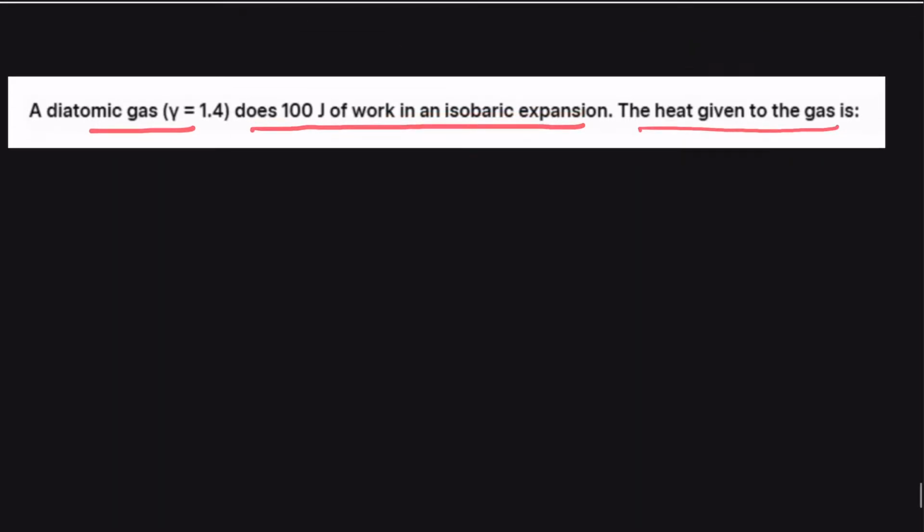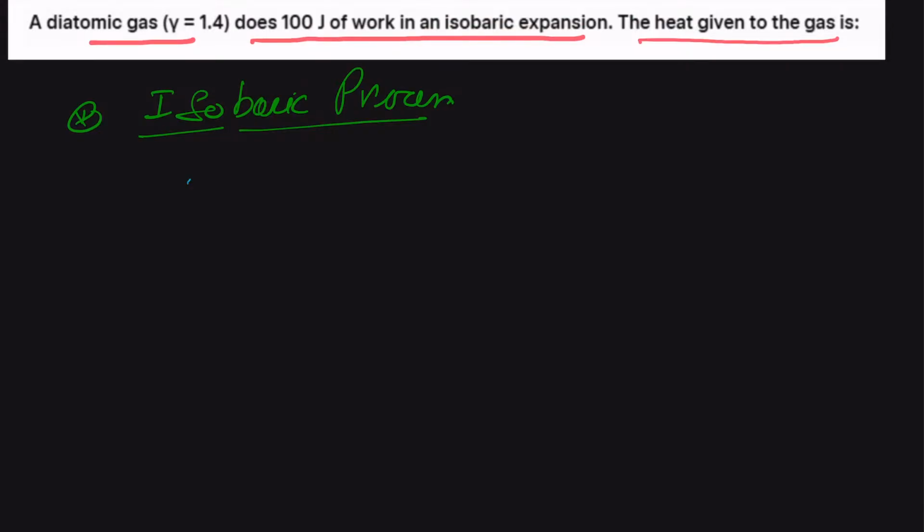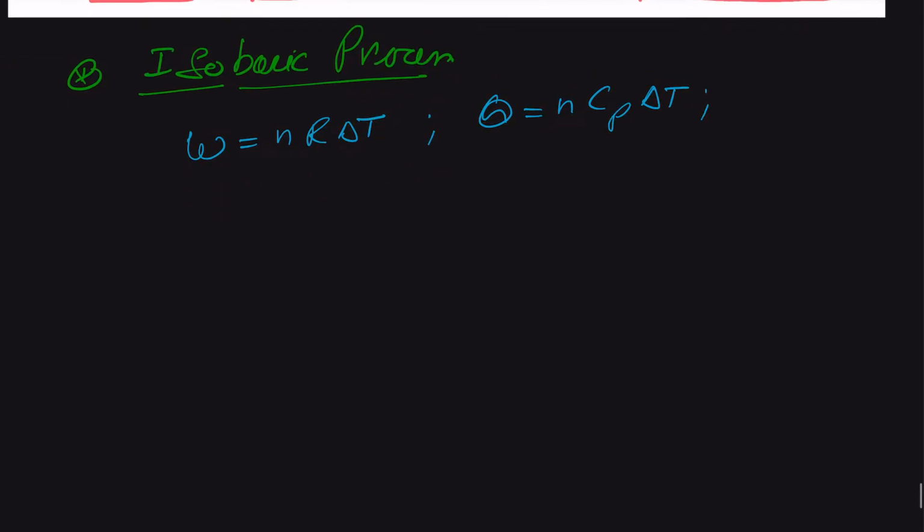So we have isobaric process, and for isobaric process we know that our work done W is equal to nR times delta T, and our heat, that is Q, is equal to n times Cp times delta T, and our ratio, adiabatic ratio, that is our gamma, is equal to Cp upon Cv, and our Cv is equal to R upon gamma minus 1.